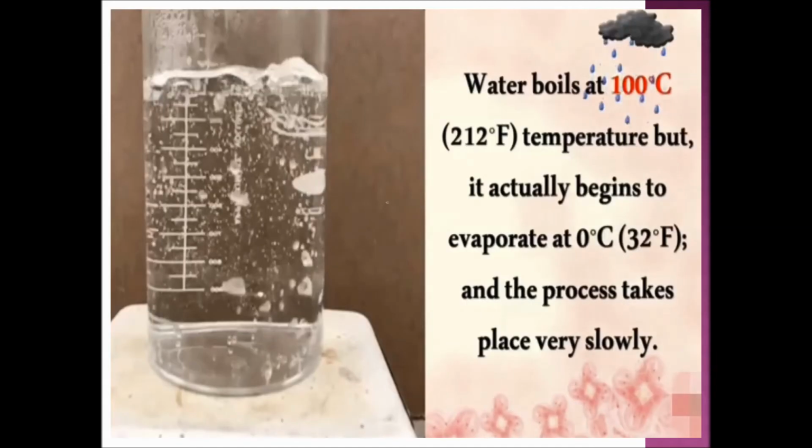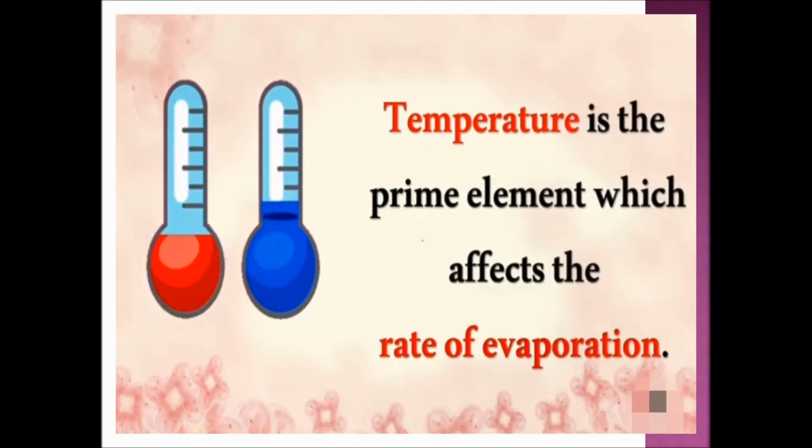Water boils at 100 degrees Celsius, that is 212 degrees Fahrenheit, but it actually begins to evaporate at 0 degrees Celsius, that is 32 degrees Fahrenheit, and the process takes place very slowly. Temperature is the prime element, the main element, which affects the rate of evaporation.